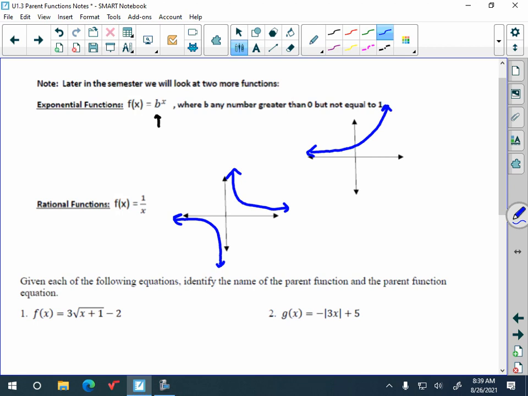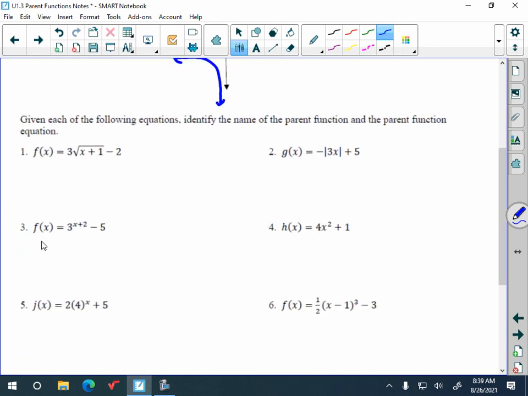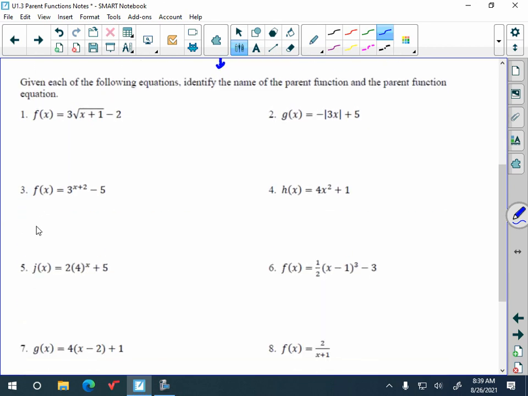All right, so now let's go through each of these and answer the question. It says, given each of the following equations, identify the name of the parent function and then give the parent function equation. All right, so we'll give the name of it first. So number 1, since there's a square root in it, we call this a square root function. Once you know the name, you can just look back in your notes for the parent function.